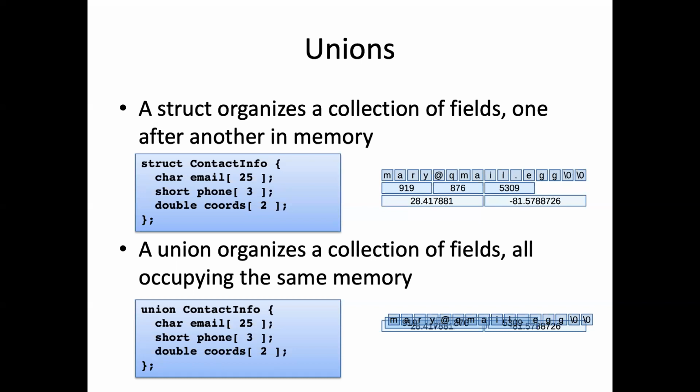When the compiler is figuring out how it's going to store this, it makes sure that for an instance of this union, it reserves enough memory for either an email address or a phone number or two doubles for GPS coordinates. But you can only use one of those at a time because they're each going to be stored using the same memory.